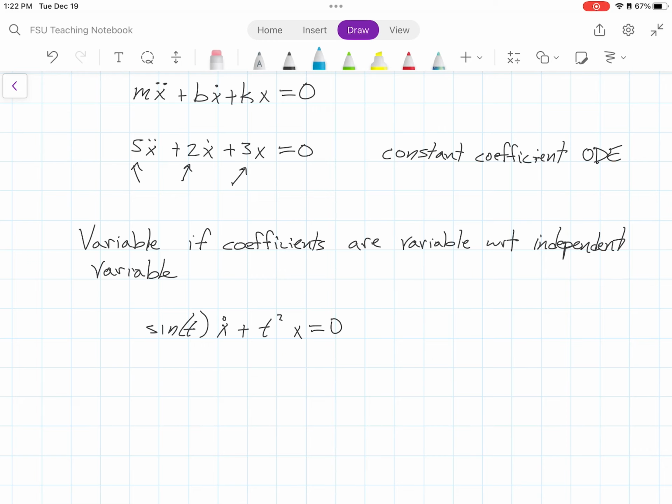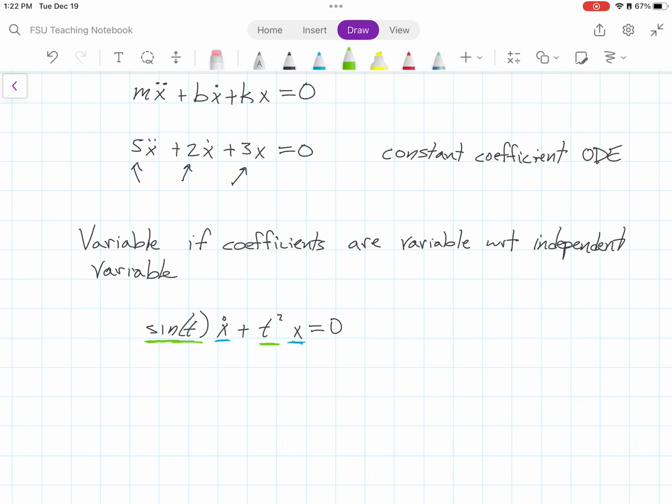My dependent variables are x dot and x, and the coefficients, I'll use green: the coefficient on x is t squared, and the coefficient on x dot is sine of t. And so these coefficients vary with time.